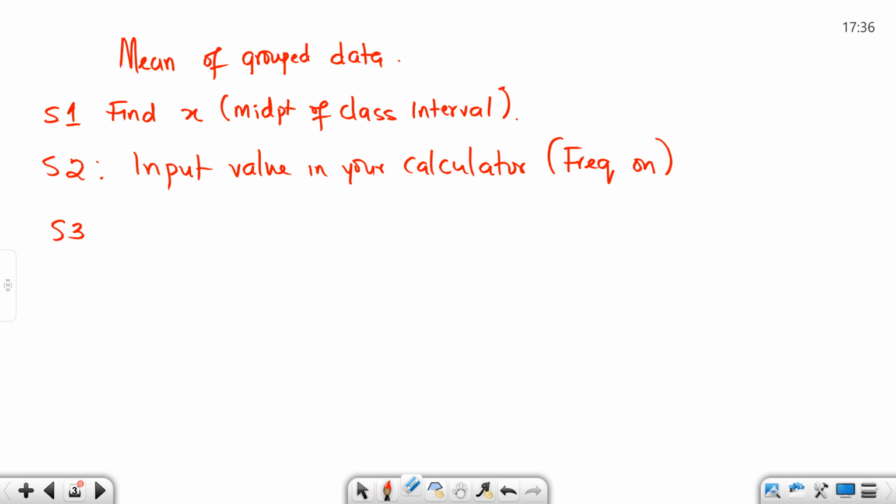We said frequency must be on, right? So we say mode, then we say stat. Is that fine? Then we put in our values. Then we say AC. Go for shift, statistics is 1. Then we go for VAR, and then we look for our mean. Yeah, that's it.